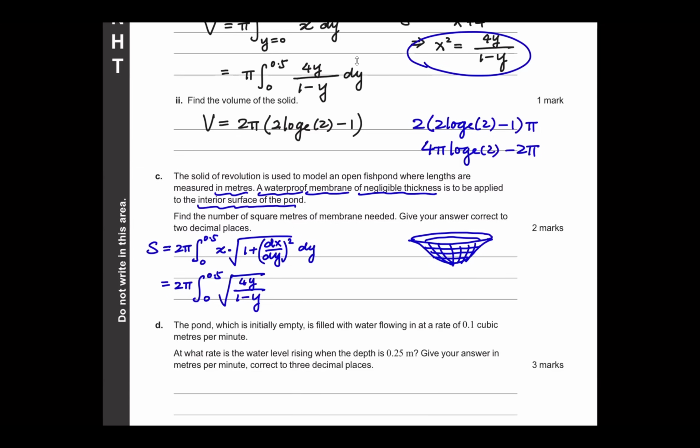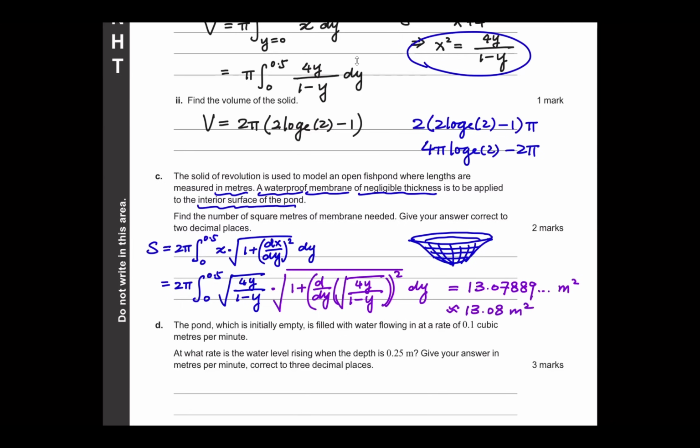And the next thing is I'll need to multiply by another square root of 1 plus d/dy of 4y divided by 1 minus y, and I need to square this guy. dy, okay? So be patient with your entries. It takes a couple of seconds to get everything typed up properly, okay? You should be able to get 13.07889, etc. meters squared. Round to 2 decimal places, 13.08 meters squared, okay?